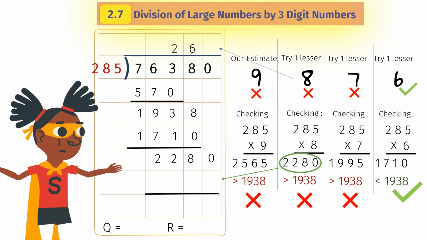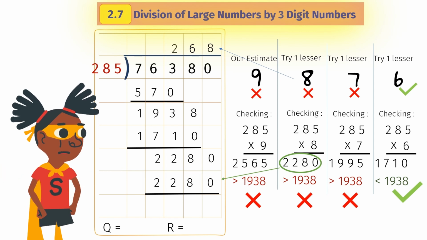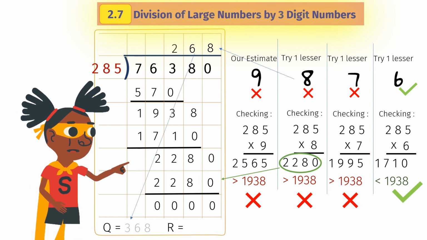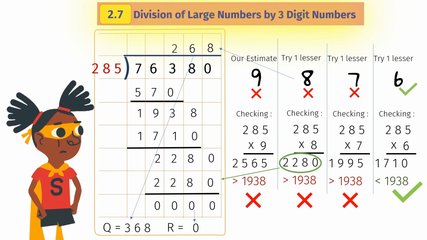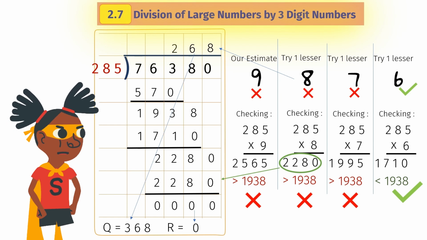It pays to do these multiplications neatly on the side so you can refer to them if required. We write 8 and 2280 in the right places. We get remainder as 0. The quotient therefore is 368, and the remainder is 0. This completes our division.